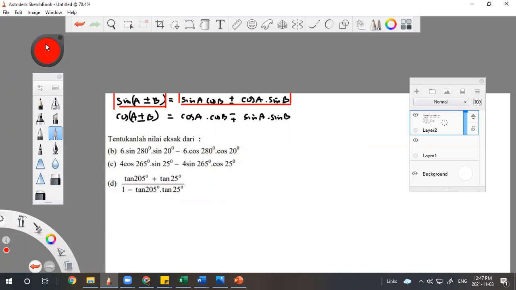Six-nya yuk cabut lagi ya, guys. Six-nya lu copot lagi. Six-nya yuk keluarin, factorize. Gini ya.